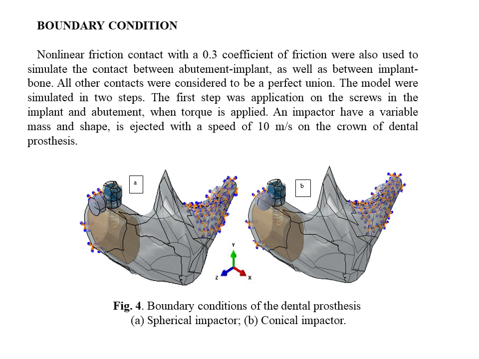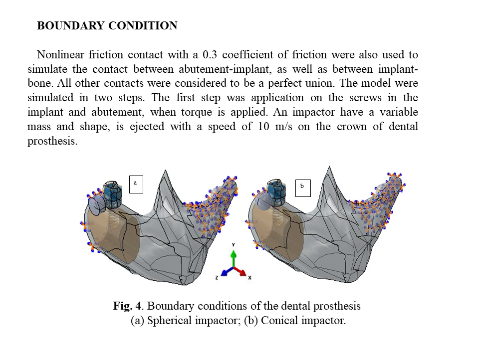Non-linear friction contact with a 0.3 coefficient of friction was also used to simulate the contact between abutment and implant as well as between implant and bone. All other contacts were considered to be of perfect contact.